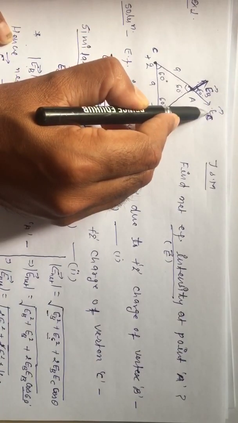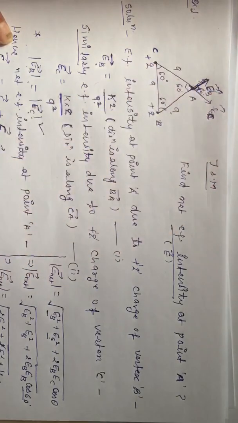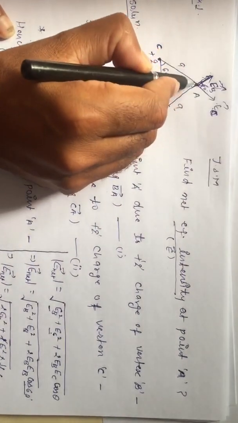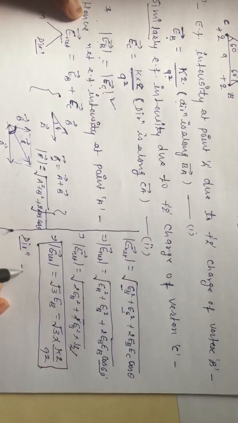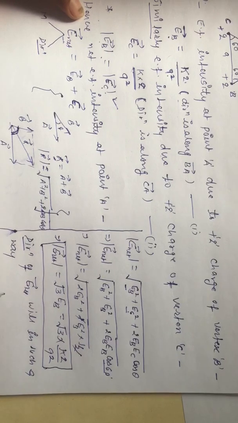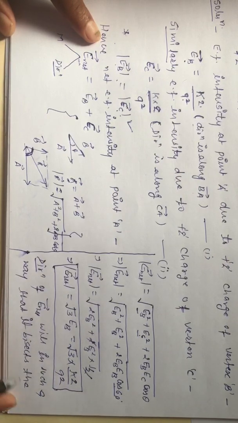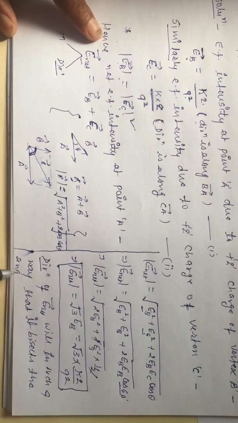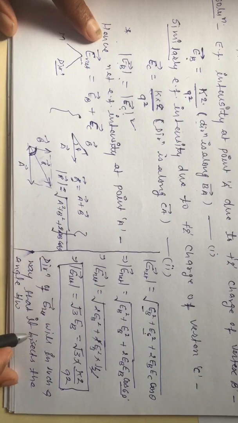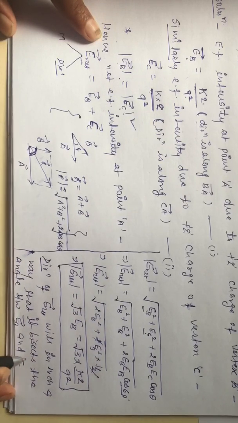EB vector and EC vector are the same in magnitude, so the E net vector will bisect the angle between them. So the direction of the E net vector will be such that it bisects the angle between the EB vector and the EC vector.